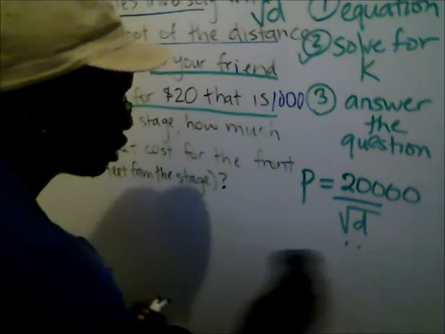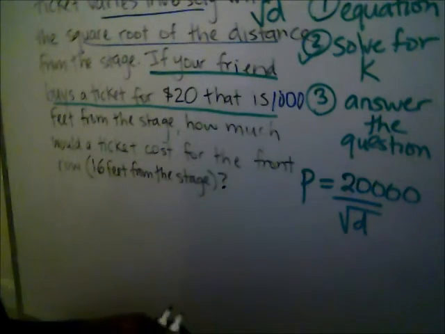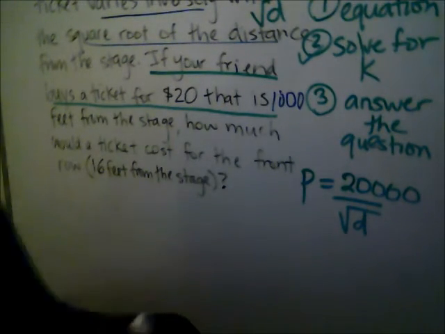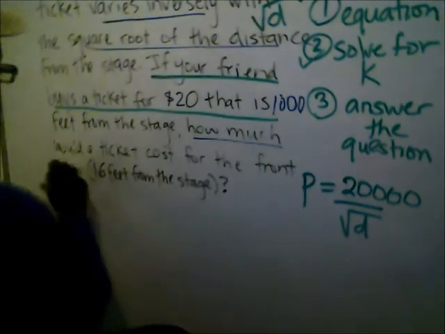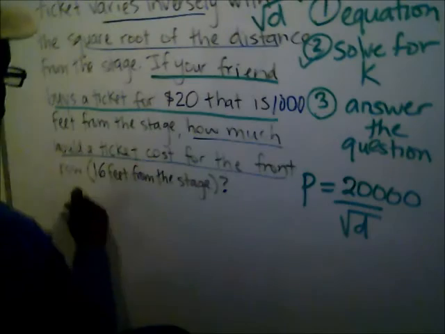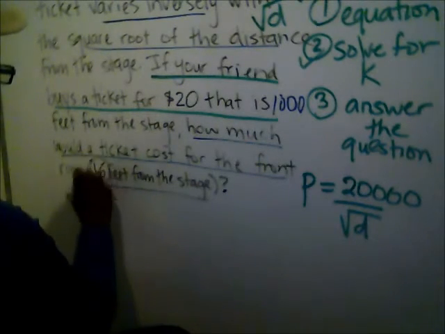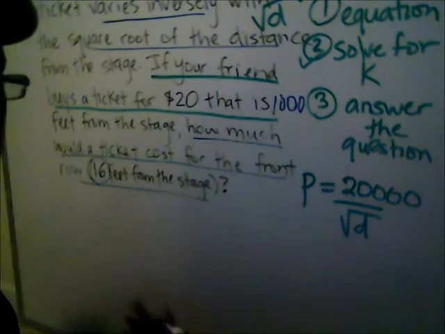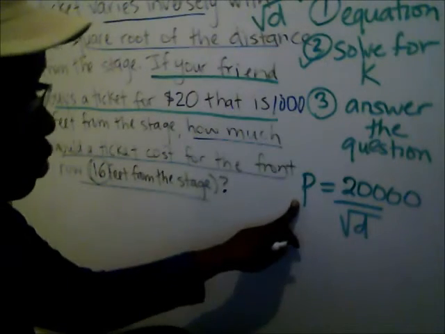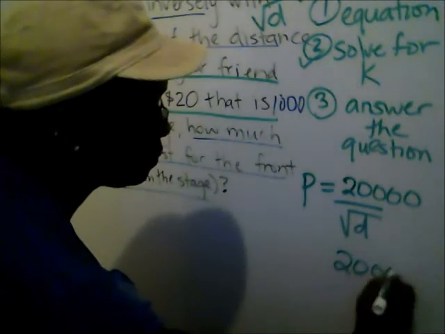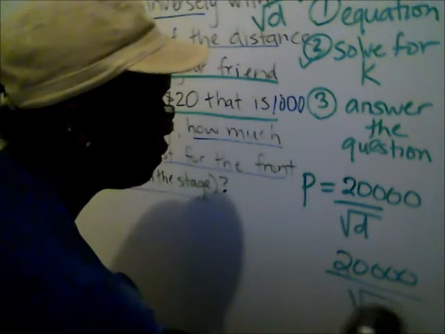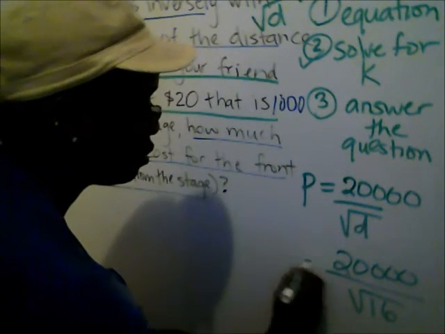And now we can actually answer the question. So the actual question is, how much would you pay for a front row ticket that is 16 feet away from the stage? So now we can actually answer the question. We don't know how much you would pay, but we do know that the seat is 16 feet away from the stage.